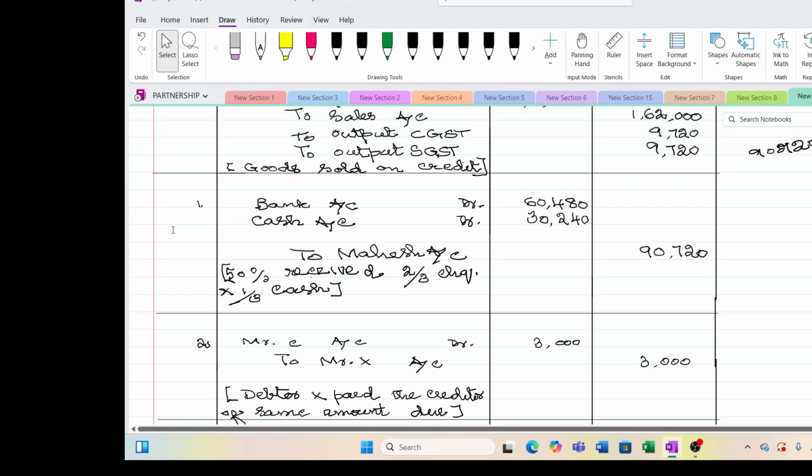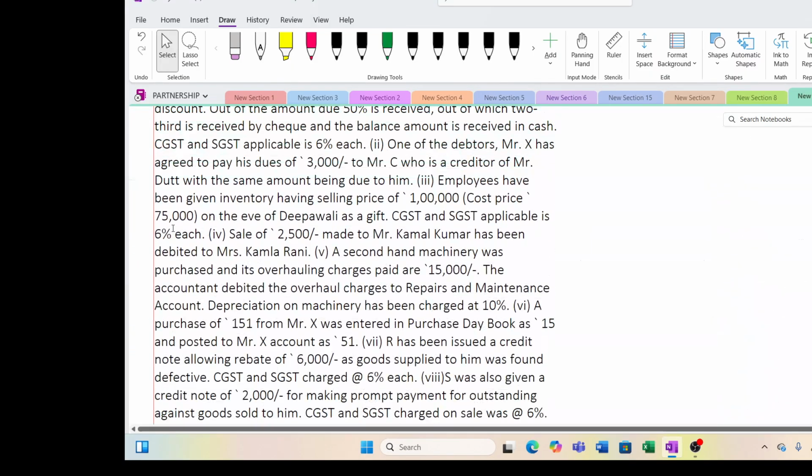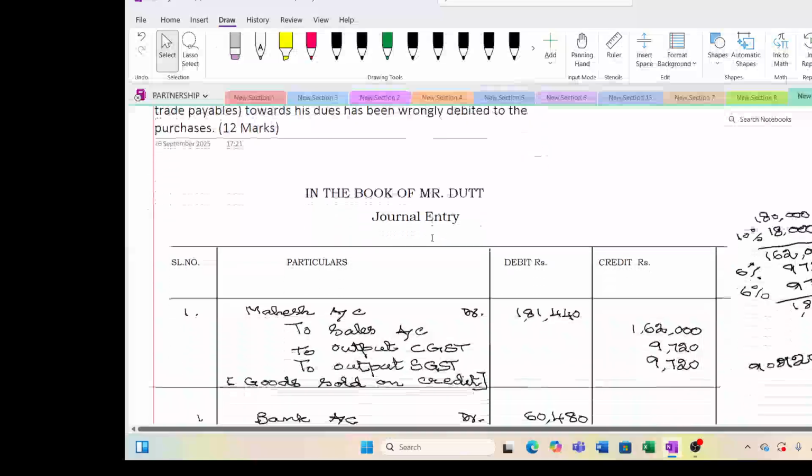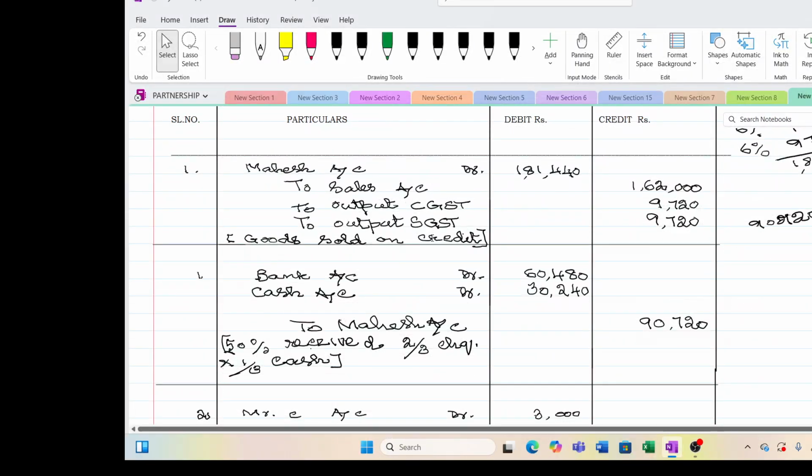Second item, what they say is that in the second entry, one of the debtors, Mr. X, has agreed to pay his dues of 3000 to C, who is a creditor of Mr. Dutt. Now see here, debtor.